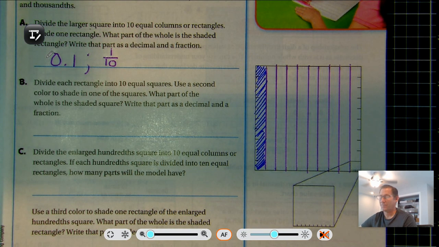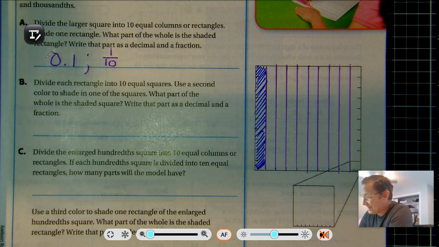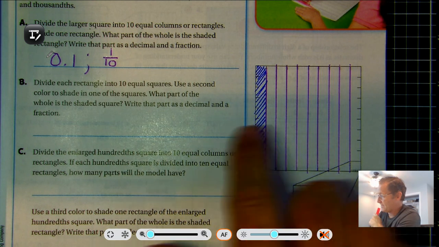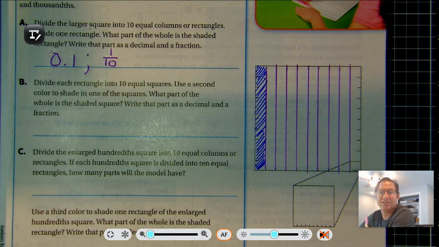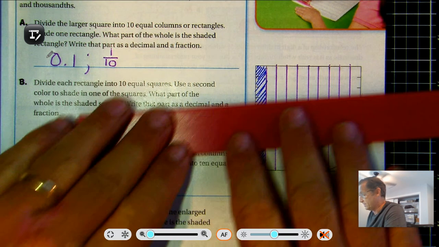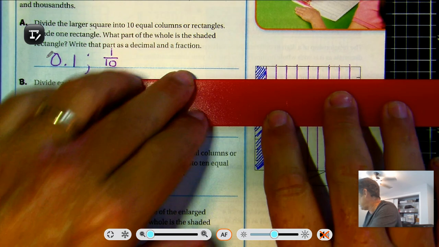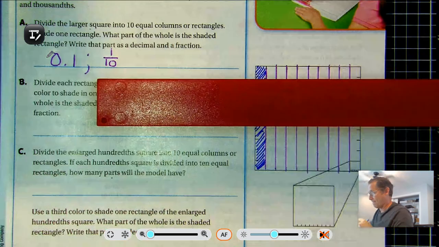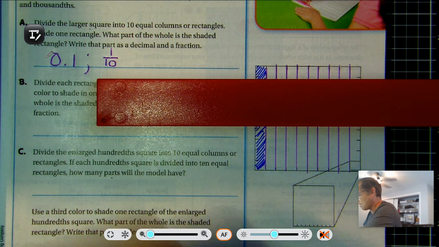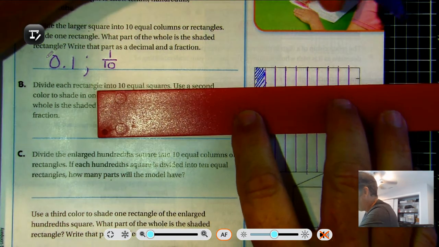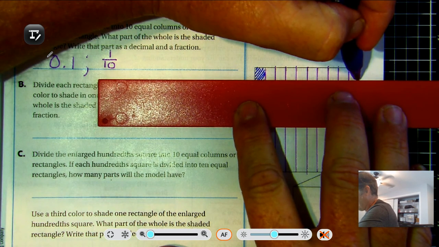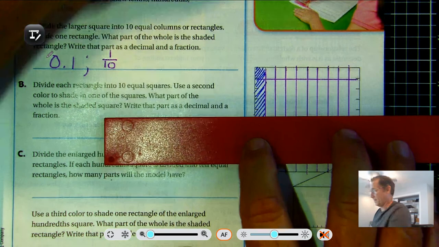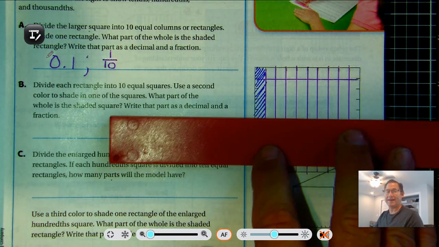Easy enough, right? All right, so now we're going to divide each of these 10 rectangles into 10 squares. So this time we're going to go left to right. And so we have rows like that.